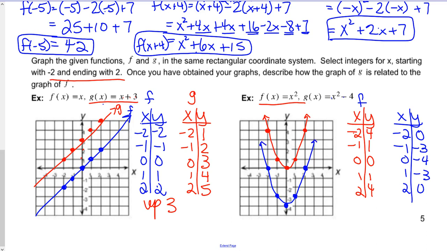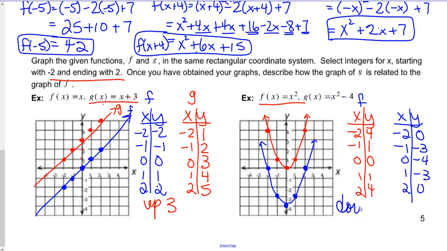What did we do? Well, notice that if this is my origin, then I've moved it down here as the turnaround point, or that minimum point, okay? So here is that, and so we are going to describe that as being a vertical shift down by 4. So it went down 4.